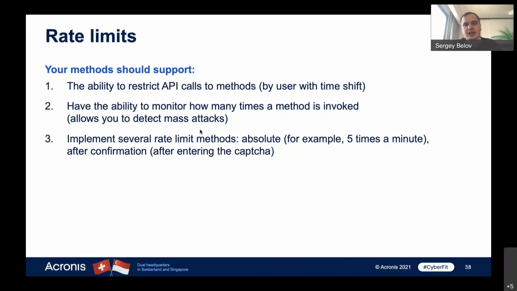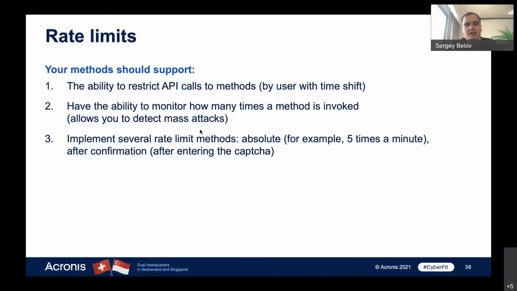Like, this user can call this kind of API no more than 5 times per 10 seconds. Why is it important? If there is any heavy API that will take a lot of resources, you can rate limit such API calls.